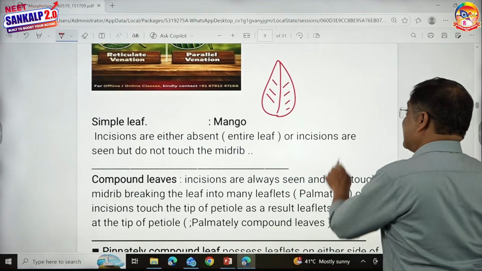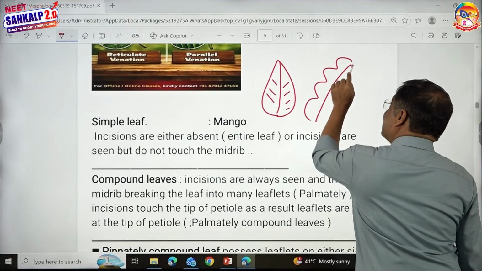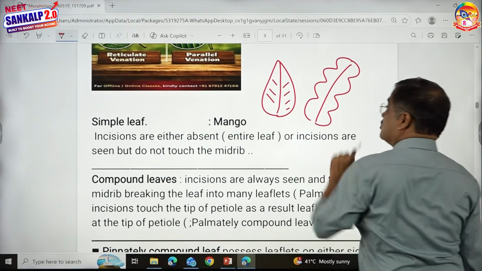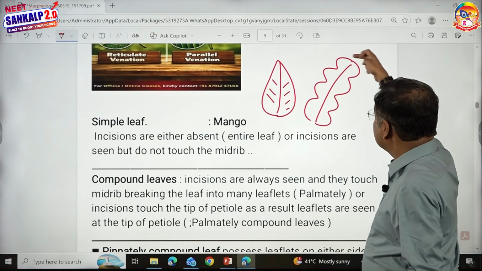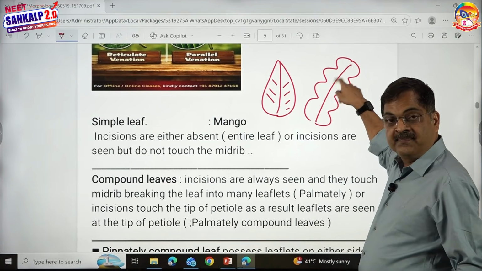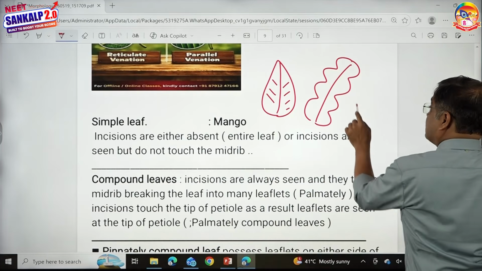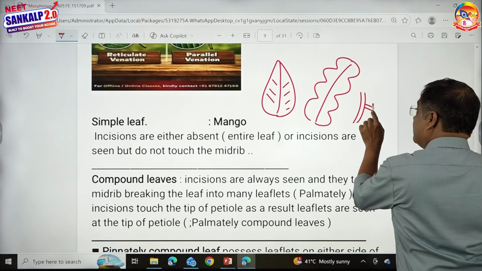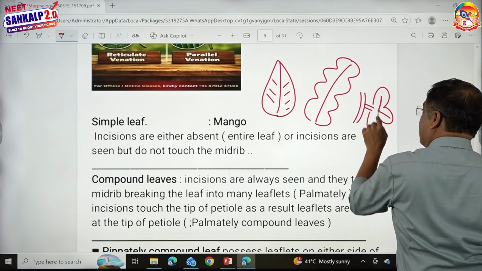Can I call this as simple leaf also? Yes, I can call this as simple leaf even though it is showing some incisions. This is not showing any incisions. It is showing some incisions. This is also said to be a simple leaf. Can I call this as a simple leaf? Yes, even it is showing what is called incisions.